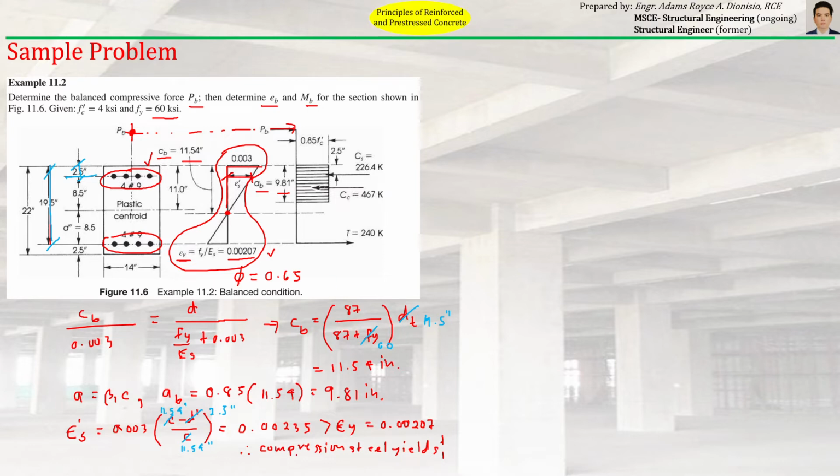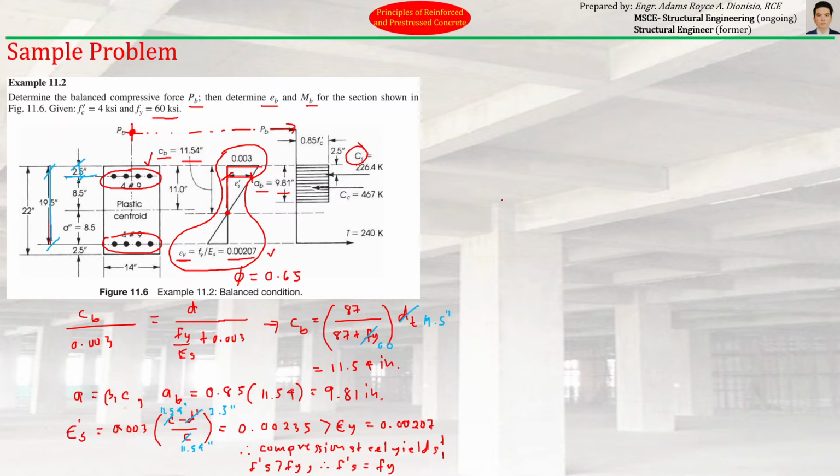Okay? So, like here, nakita natin, fs prime is greater than fy. Therefore, we will just limit our fs prime to fy. Fy lang yung gagamitin natin for computing the force acting on the compression reinforcement or yung sa Cs.